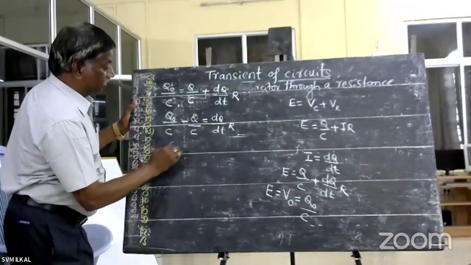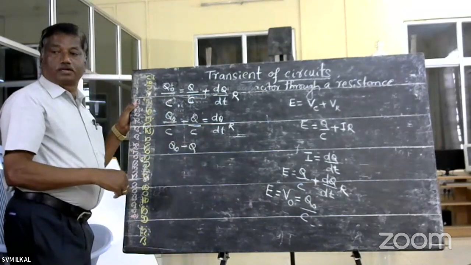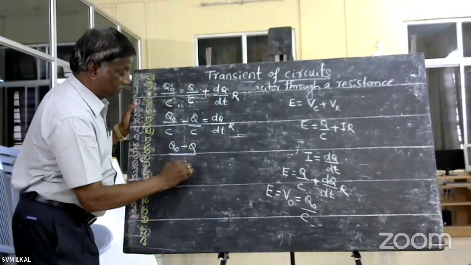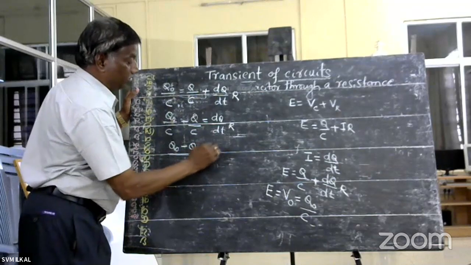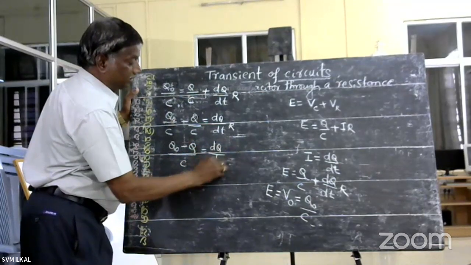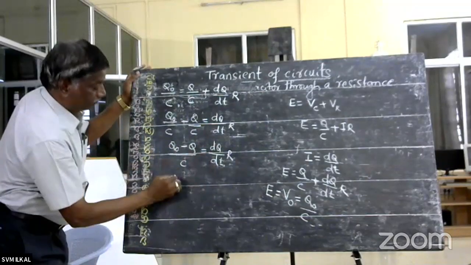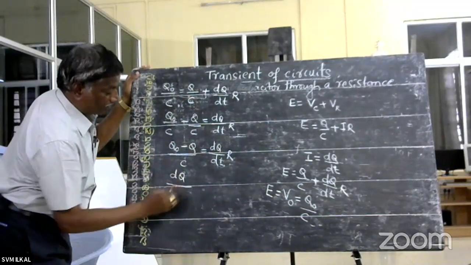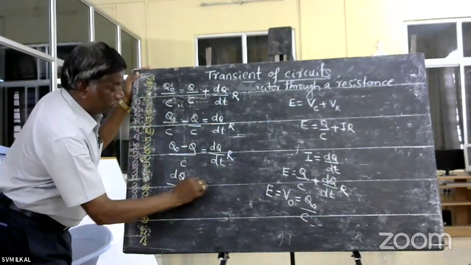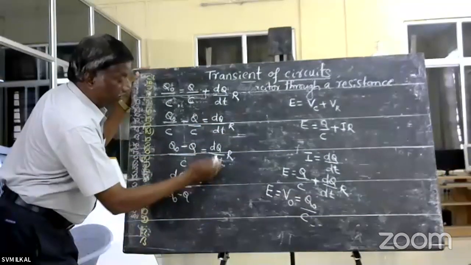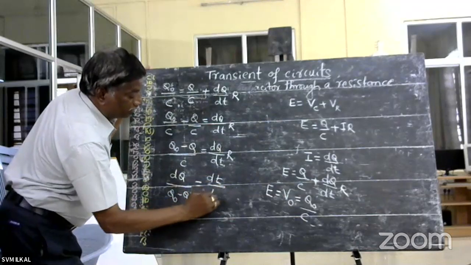Or this you can write as Q naught minus Q, because the denominator term is the same, that you should take as C. Q naught minus Q by C is equal to dQ by dt into R. Or take this side: dQ divided by Q naught minus Q is equal to dt divided by RC.